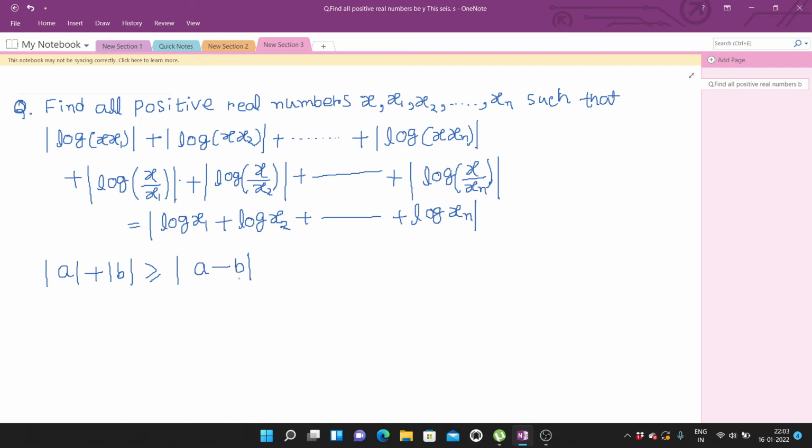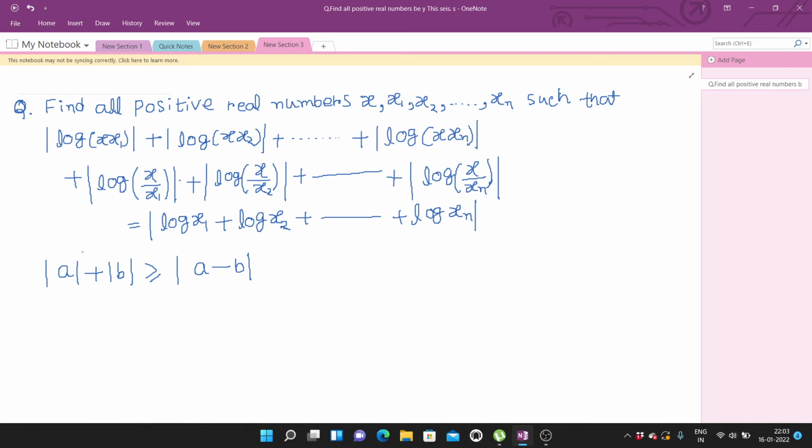I hope you all agree with this. Take a equals 5 and b equals 3: 5 plus 3 is 8, and 5 minus 3 is 2. It will always be satisfied no matter what. So we are going to use this property of the modulus function in the solution.